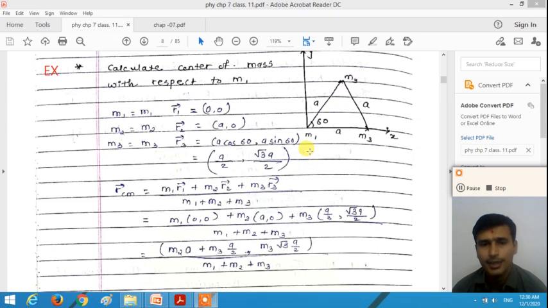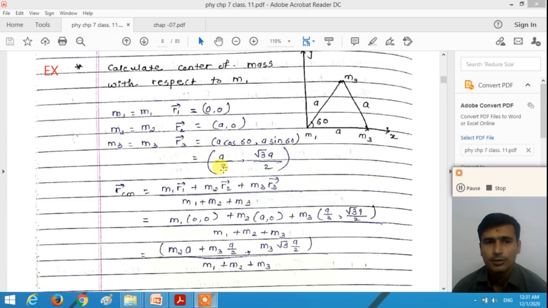X coordinate we take a cos 60 and y coordinate a sin 60. The value of cos 60 you know is 1 by 2, so the x coordinate of the third position vector is a by 2, and sin 60 is root 3 by 2, so the y coordinate is root 3 a by 2, right?